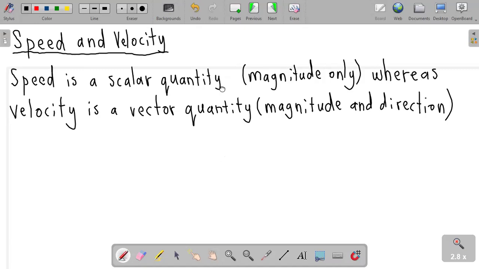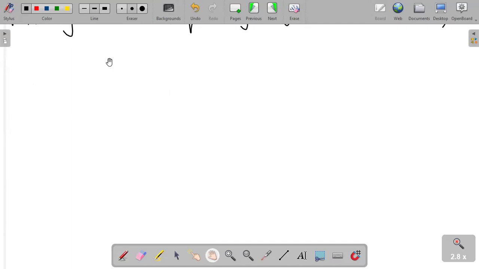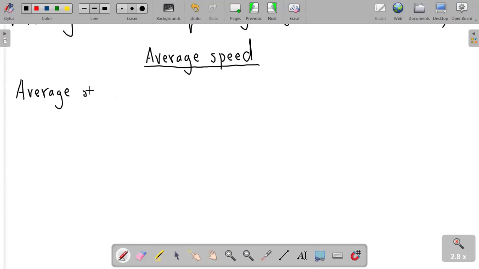So let's look at average speed. So average speed, the definition here is... Again, we should know the definitions, people.